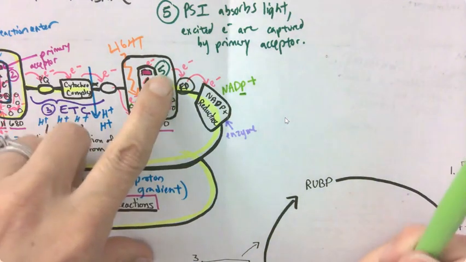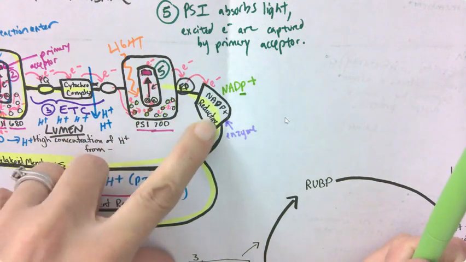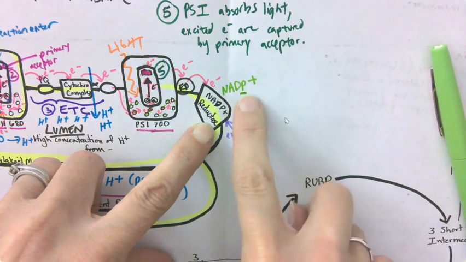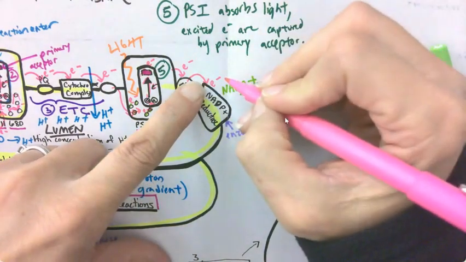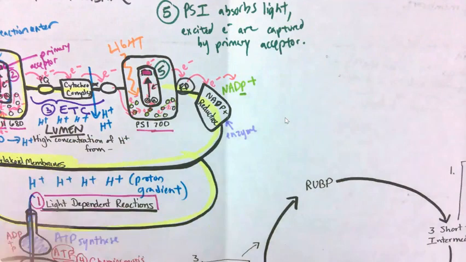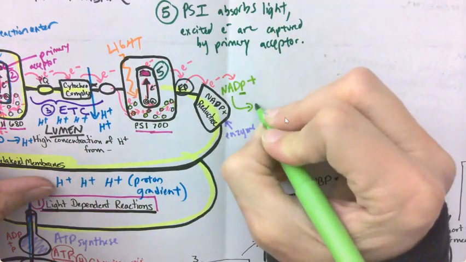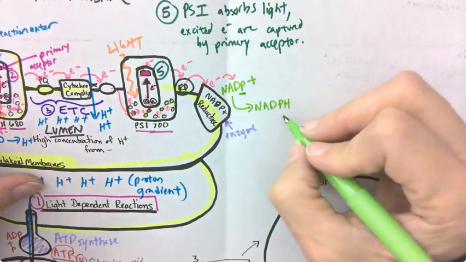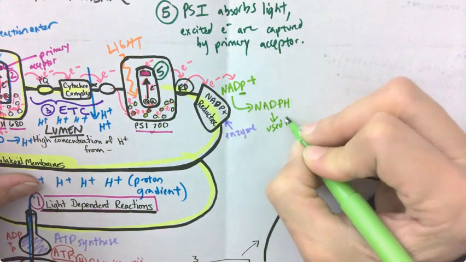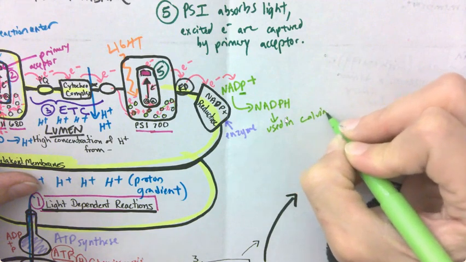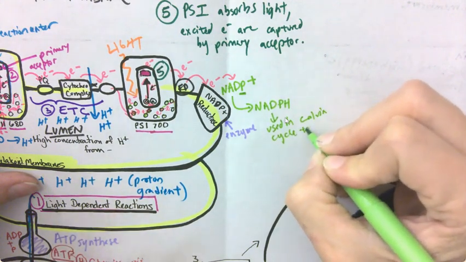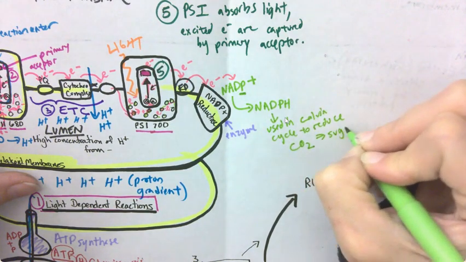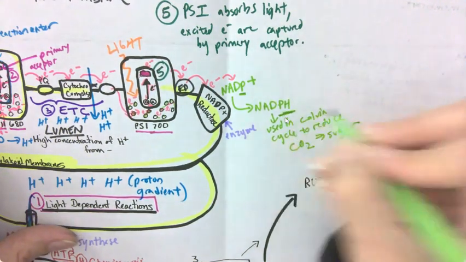So these high energy electrons are passed to NADP reductase, an enzyme. NADP reductase combines NADP plus with these electrons to create NADPH. NADPH will be used in the Calvin cycle to reduce carbon dioxide to sugar. So it's a good electron source there.